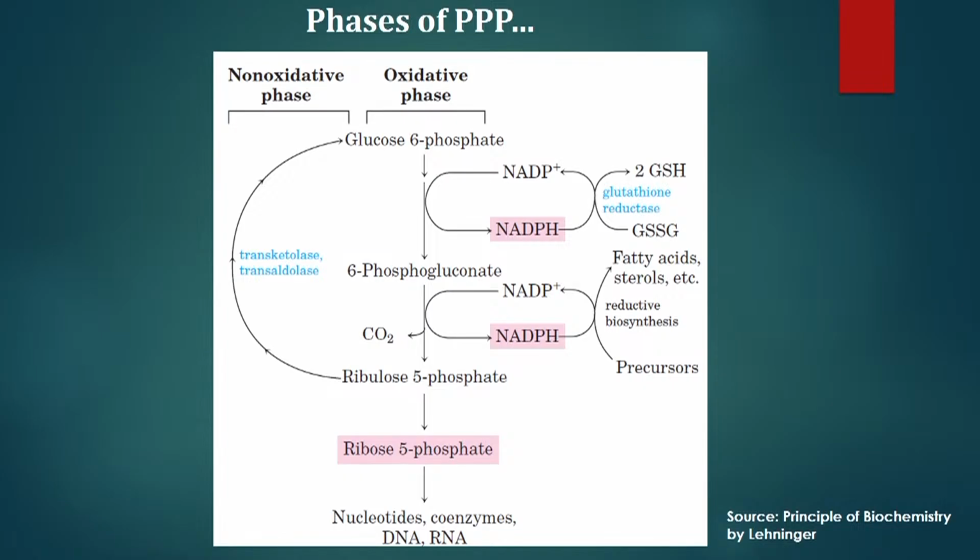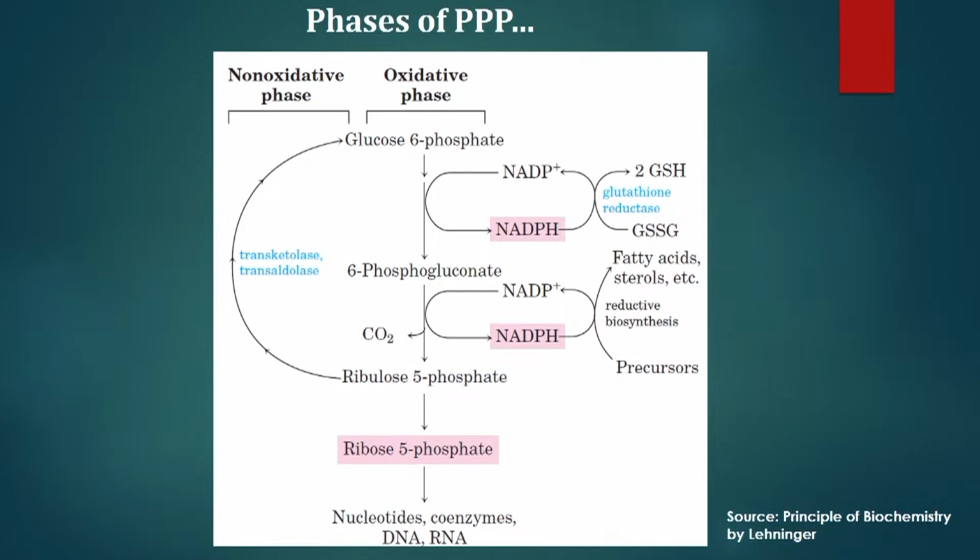Glucose 6 phosphate is converted into 6 phosphogluconolactone. Here there is the presence of the enzymes transketolase and transaldolase, and from the 6 phosphogluconate molecule there is a formation of ribulose 5 phosphate.